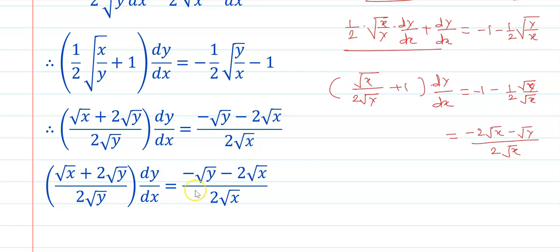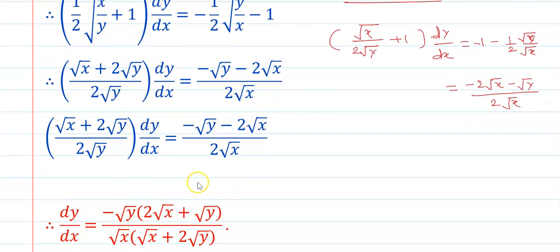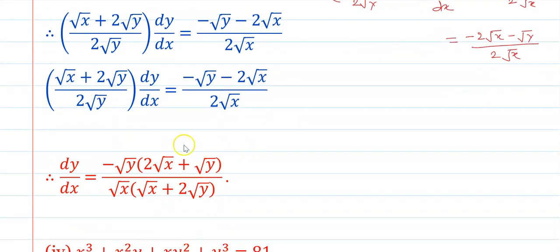Okay, now the next simplification. This is the root x plus 2 times root y upon 2 root y into dy by dx, okay, equals minus root y minus 2 times root x upon 2 root x, and therefore dy by dx is equals to, okay, from both sides this 2 will get cancelled first of all.